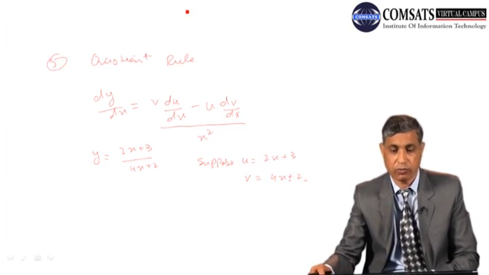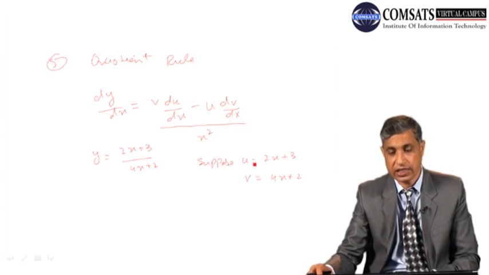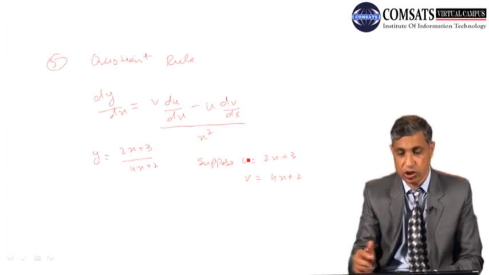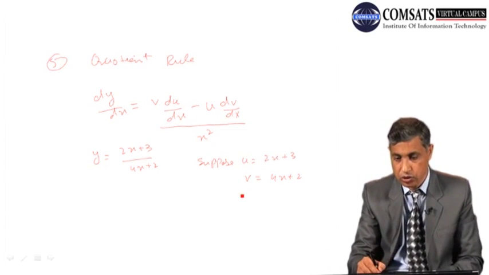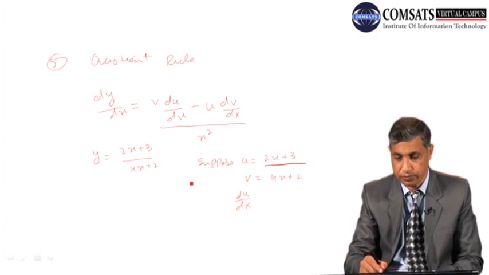Now if you look at the formula, we need the values of v, u, dv over dx and du over dx, and this is the v square. First we find du over dx from here, and it is equal to 2.